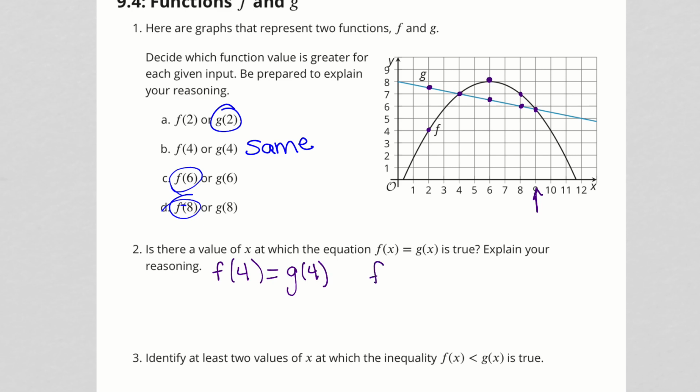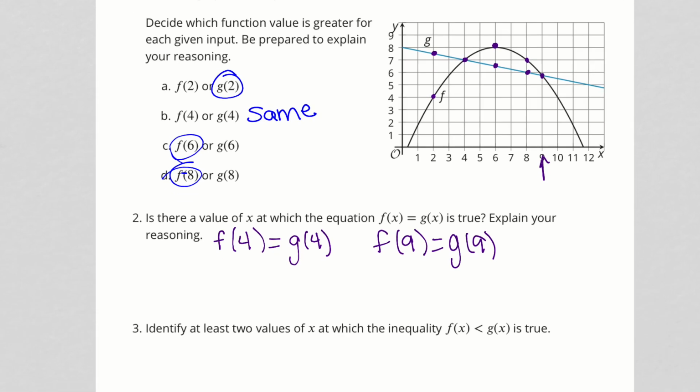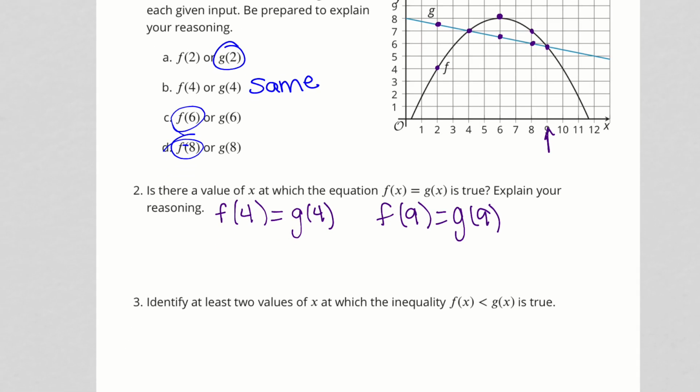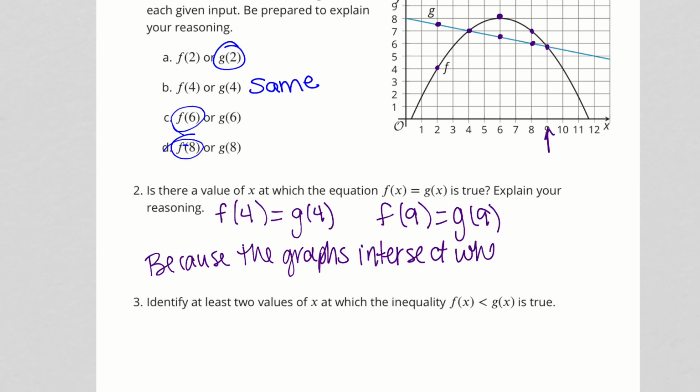So we can say f of 9 equals g of 9. And explain our reasoning, because that's where they intersect. So they intersect when x equals 4 and 9.